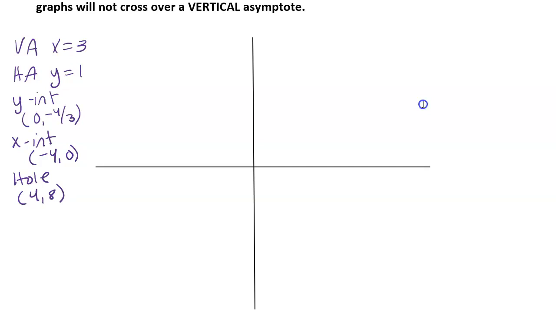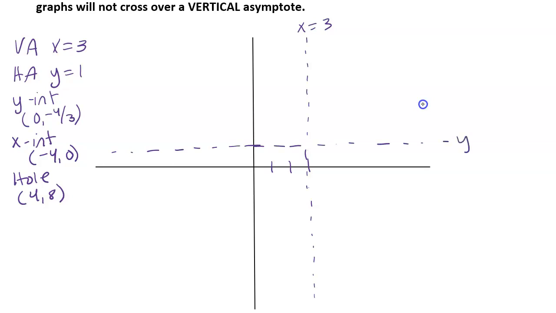Let's go ahead and sketch a graph here. I like to plot my asymptotes first. I have a vertical asymptote at x equals 3, so you can see that vertical line there, and a horizontal asymptote at y equals 1.